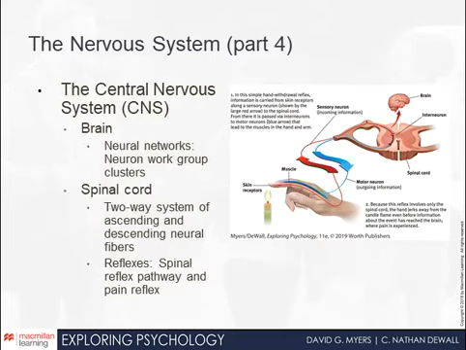So the central nervous system, real quickly here, the CNS, the brain, neural networks, neuron work groups, and group clusters. All right, we have the spinal cord, a two-way system of ascending and descending neural fibers, and we have reflexes, spinal reflex pathway, and pain reflex.